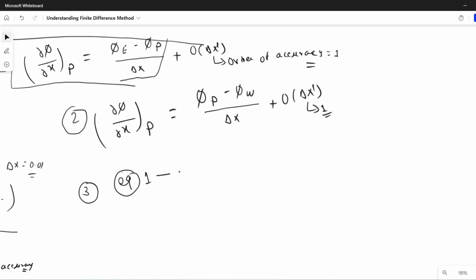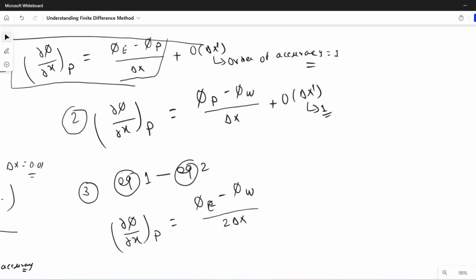So equation 1 minus equation 2, and what we will be getting is dou phi upon dou x at point P equal to phi e minus phi w divided by 2 delta x plus higher order terms. In this case the order of accuracy will be equal to 2.